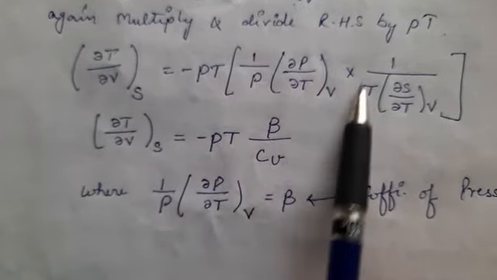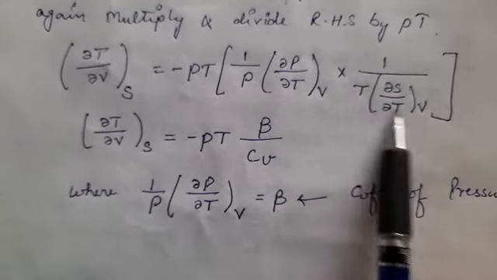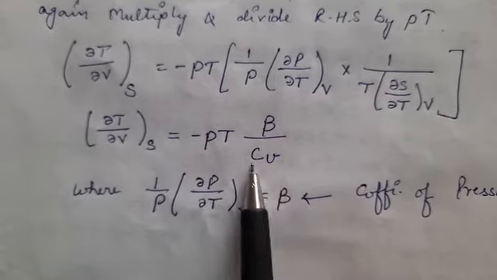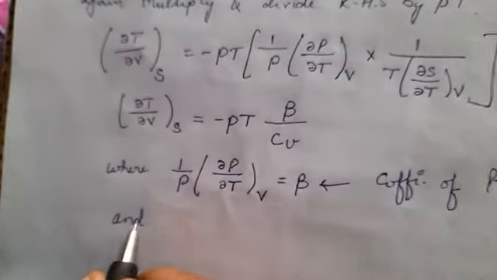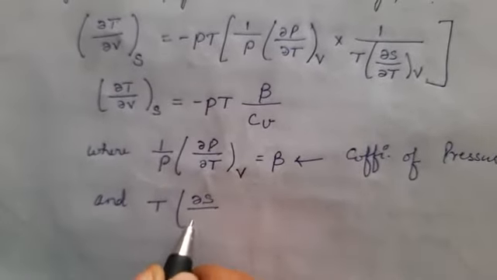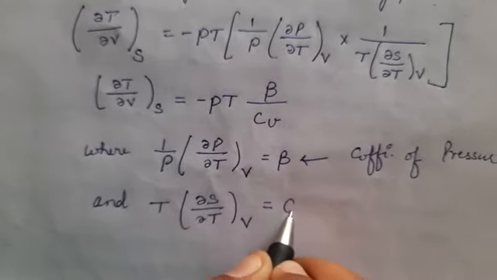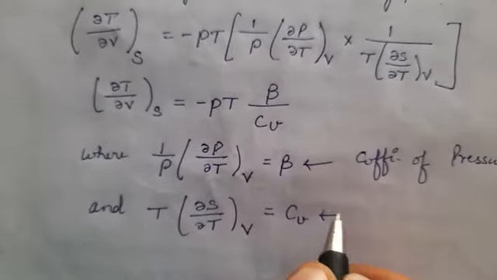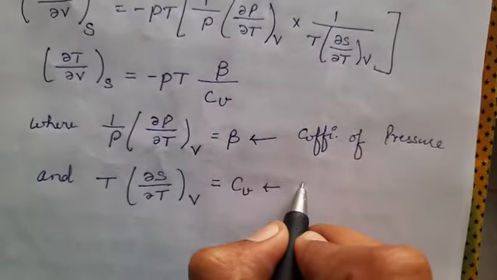So instead of this term I'm writing beta, and instead of this term I'm writing Cv, which is the specific heat. So T ∂S/∂T at constant volume is equal to Cv, which is the molar specific heat at constant volume, right?